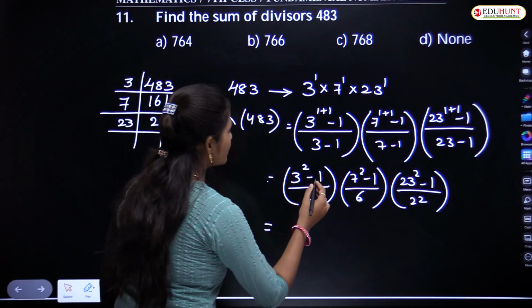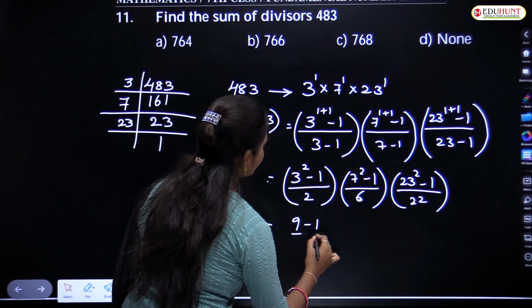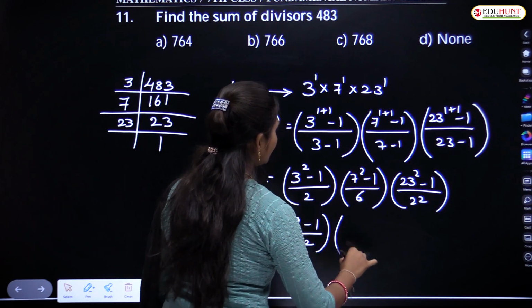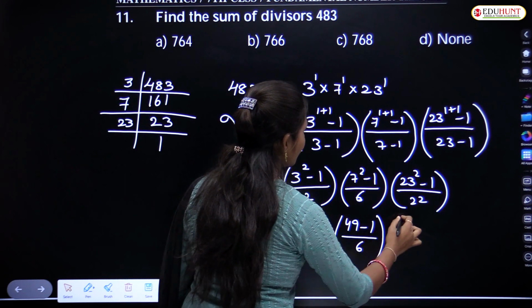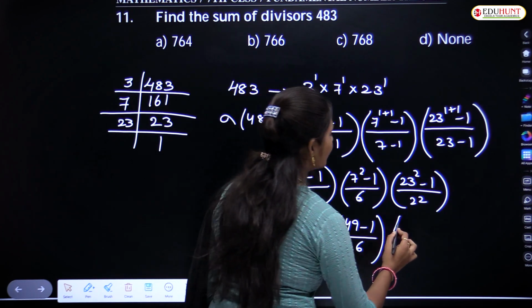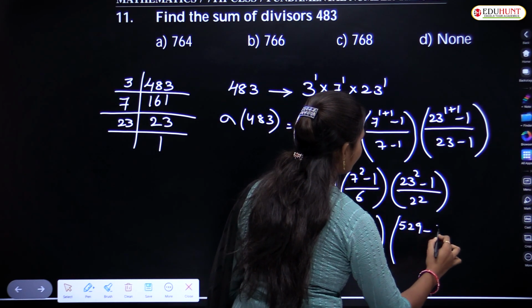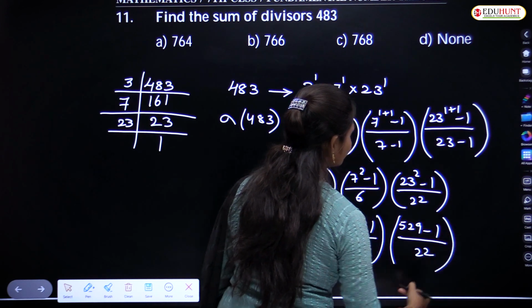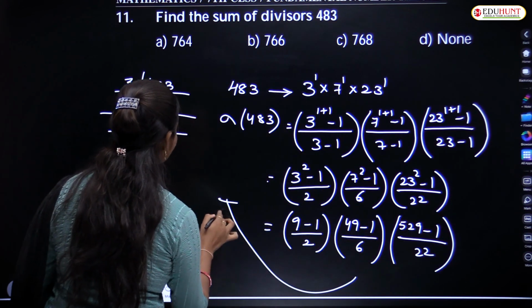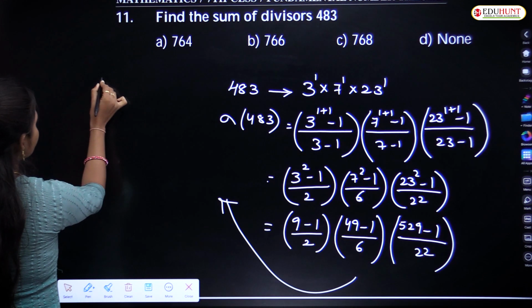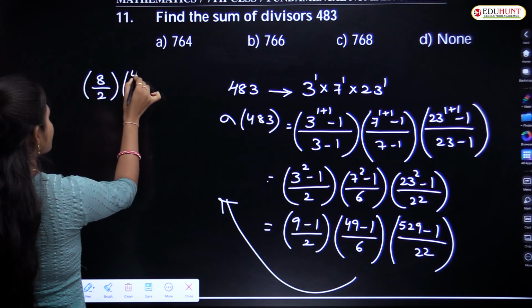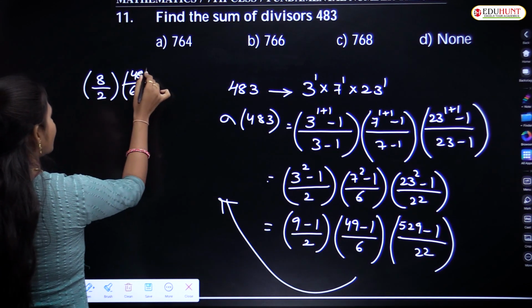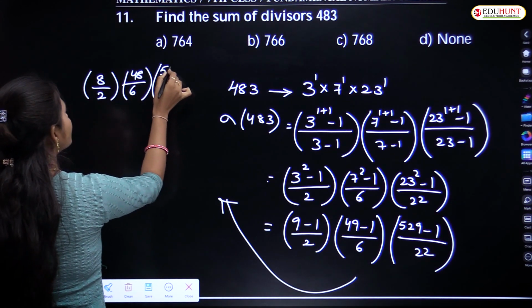So 3 square is 9, minus 1, whole by 2, into 7 square is 49, minus 1 by 6, next 23 square is nothing but 529, minus 1 by 22. Continuing, 9 minus 1 is 8 by 2, into 49 minus 1 is 48 by 6, into 528 by 22.